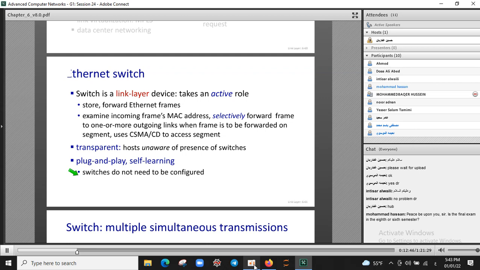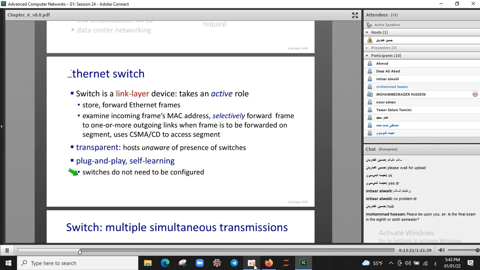Okay, you can configure it, but those capabilities are not a barrier against the basic role of a switch. The basic role or the basic functionality of a switch is forwarding frames between different nodes inside a network.